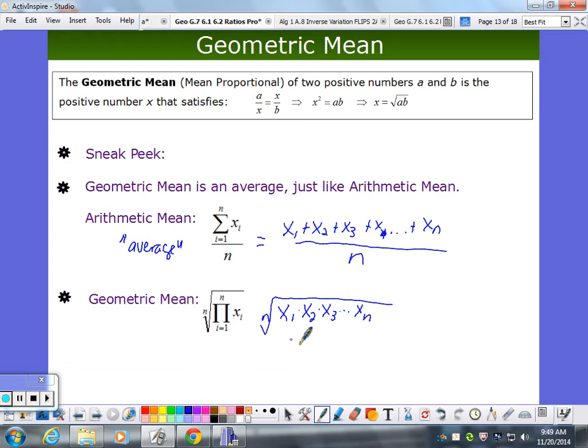If you want 3 numbers, multiply the 3 numbers, take the cube root. If you have 5 numbers, multiply the 5 numbers, take the 5th root. Now we're only working with 2 numbers, so for the geometric mean of 2 numbers, you multiply the numbers and take a square root. So yeah, a little sneak peek into the future. I think it's cool.